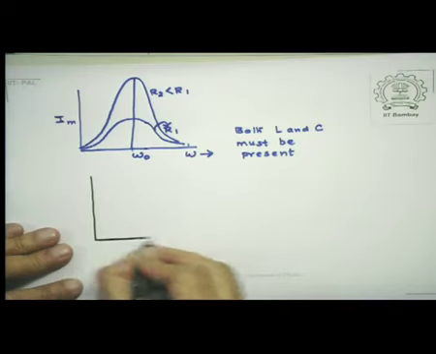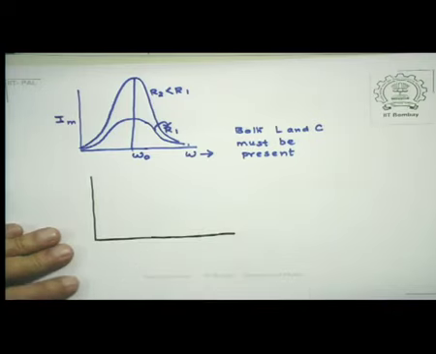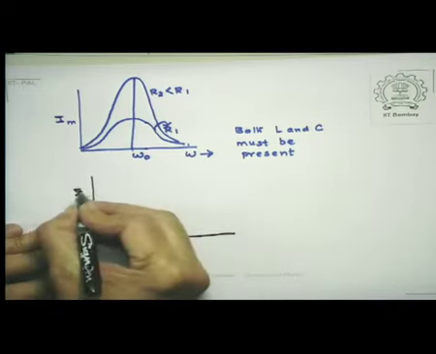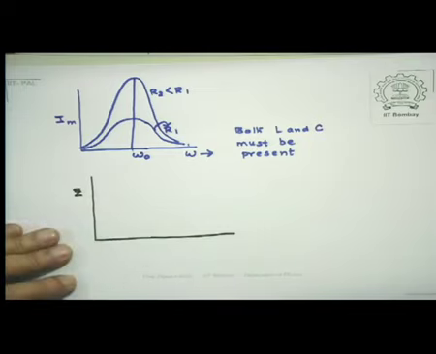Now having defined what resonance is, let me look at the sharpness of resonance. But before that, let's look at this. Suppose I am plotting the impedance Z. Remember, at the resonant frequency, the impedance is minimum.